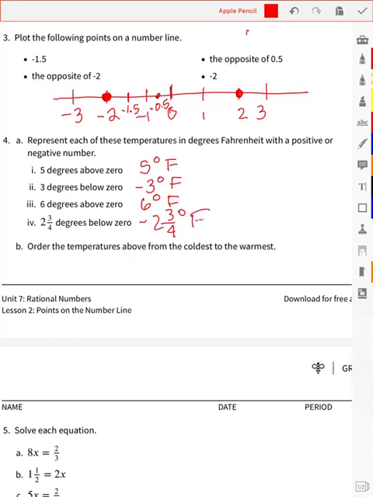And then we're going to order the temperatures from coldest to the warmest. So the farthest to the left would be the coldest, so that would be a -3, then -2 3/4, and then we have our positive numbers 5 and then 6.